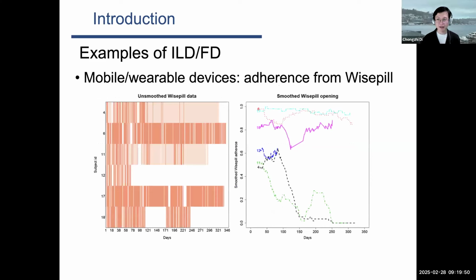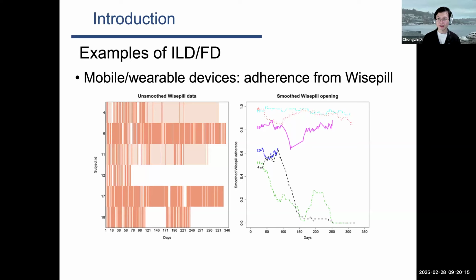The next example is another project I was involved in, where we are interested in measuring adherence in HIV prevention trials, where we use something called a WisePill. It is a medication dispenser, like a bottle, that I think has a cell phone chip on it.